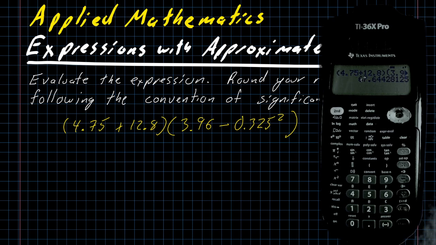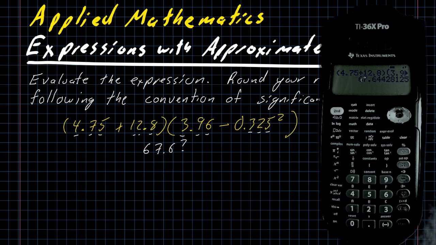Once I do figure that out, I do notice that all of these values have 3 significant digits. So maybe 3 significant digits, 67.6, is the right way to round it.